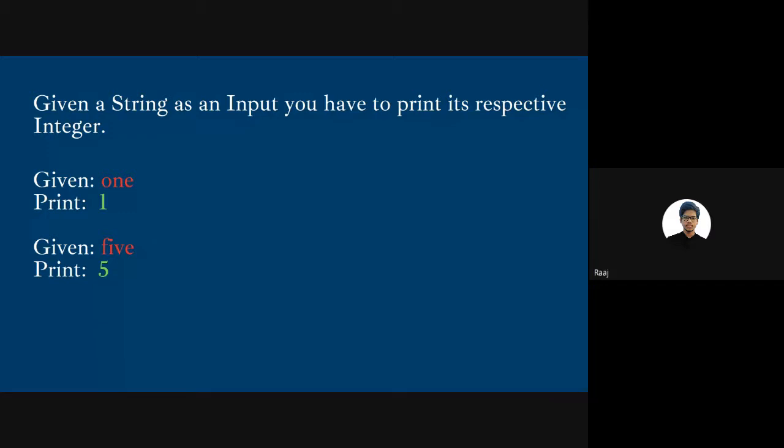Now, one way of doing this would be to go the old route, to do a workaround. What is that? You know something called a vector. Think like two vectors: one vector storing strings, and one vector storing integers. Well, it kind of works, I guess, but you're not trying to do something with what the question has provided you. You're given a string. You have to print the integer.